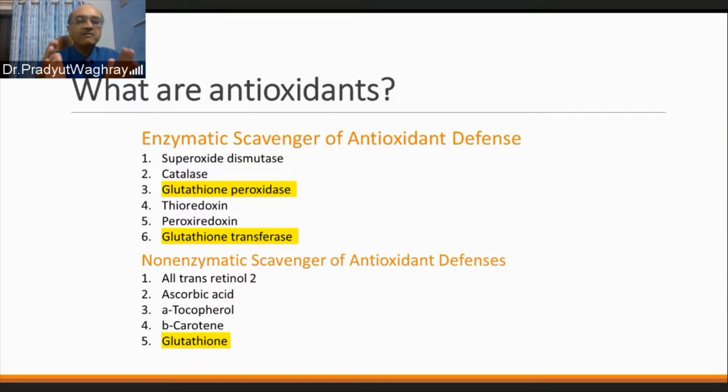Examples of enzymatic scavengers are superoxide dismutase, catalase, glutathione peroxidase, thioredoxin, peroxiredoxin, and glutathione transferase. Non-enzymatic scavengers are all-trans retinol, ascorbic acid or vitamin C, alpha-tocopherol, beta-carotene, and glutathione. Among all these, we are interested today in glutathione.